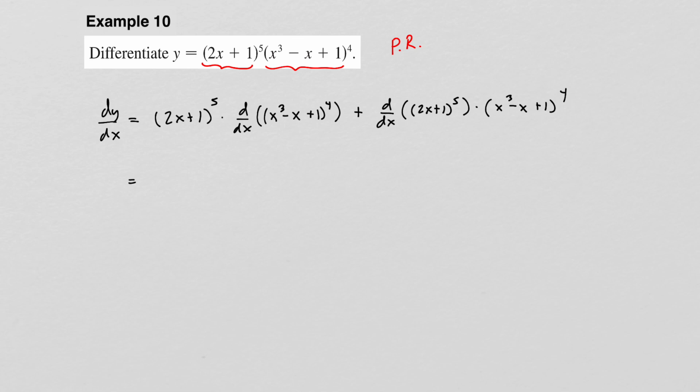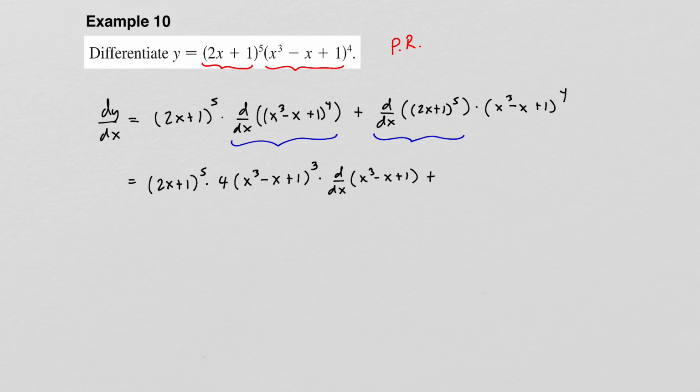So now when I go to do the derivative here, I'm going to use the power rule and the chain rule, and the same thing when I take the derivative here. And so this becomes 2x plus 1 to the 5th power multiplied by, now this derivative involves bringing the power down, so we get 4, and then whatever was inside the parentheses does not change, subtract 1 from the power, and then multiply by the derivative of the inside.